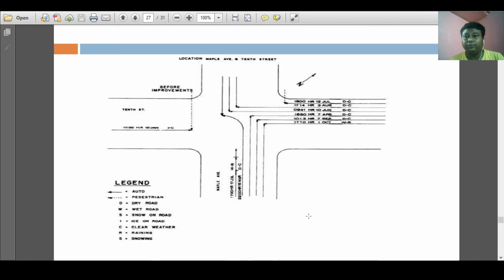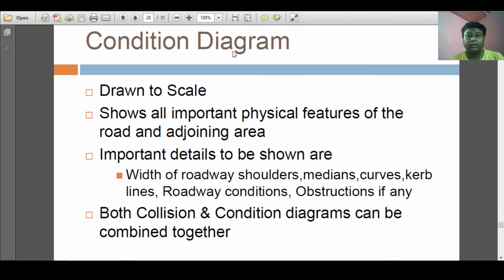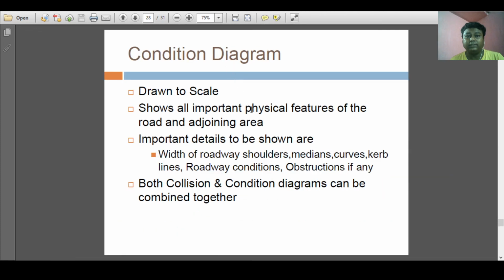And next we will discuss the condition diagram. So what is a condition diagram? A condition diagram is drawn to scale and shows all important physical features of the road and adjoining area. Important details are to be shown here, and both the collision and condition diagrams can be combined together. Collision means the reasons for that collision, and condition means the condition after the collision.